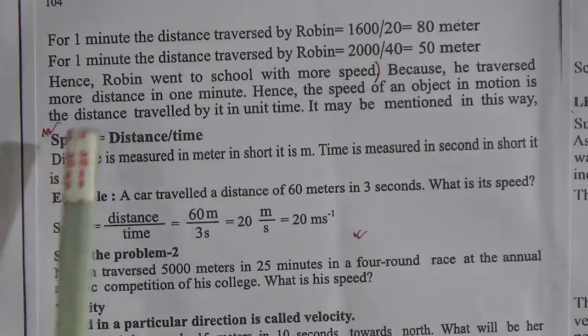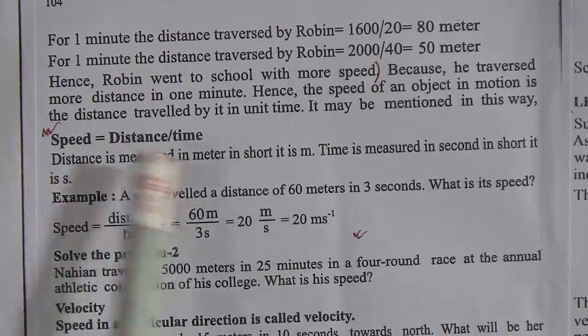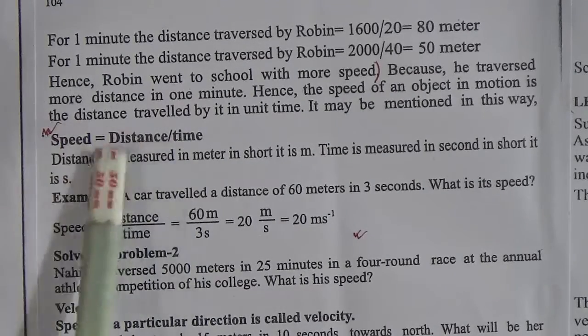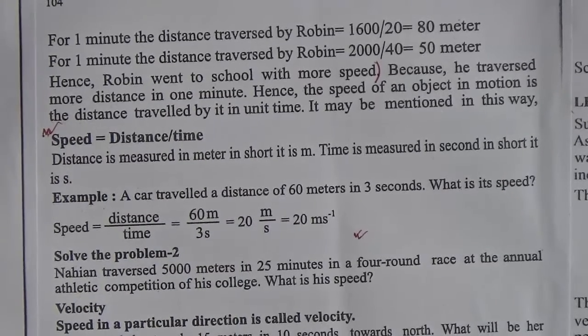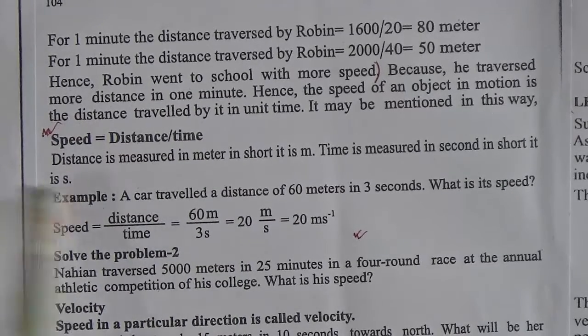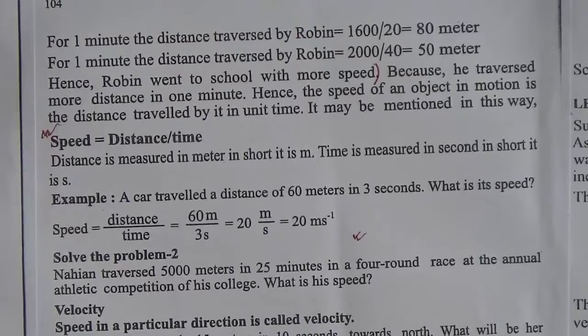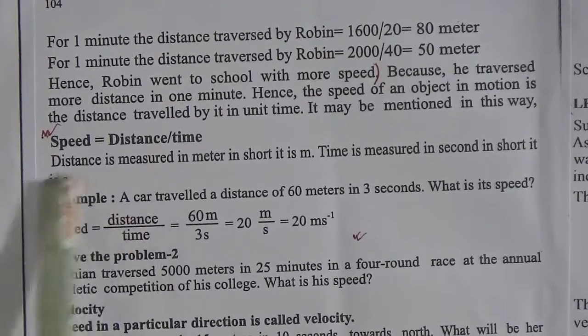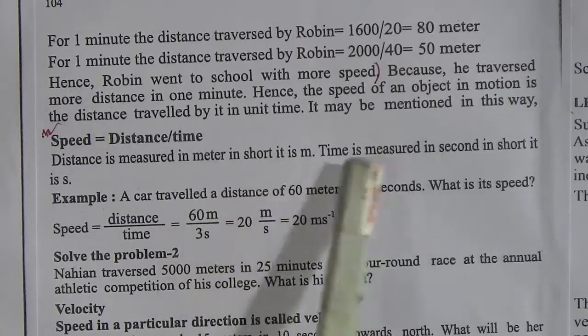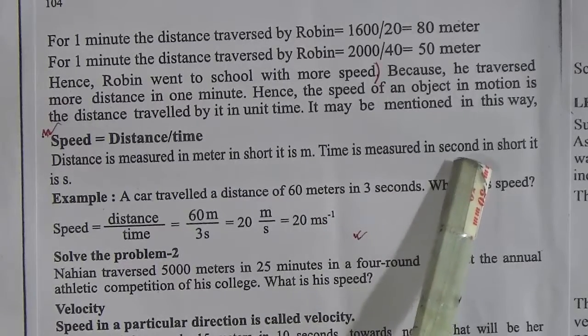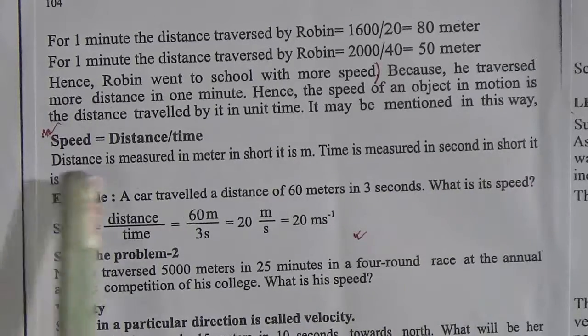Speed. To find out the speed, we will follow this formula: speed equals distance by time. That means to find out speed, at first we find out distance, which is measured in meter, in short m, and time is measured in second, in short s.